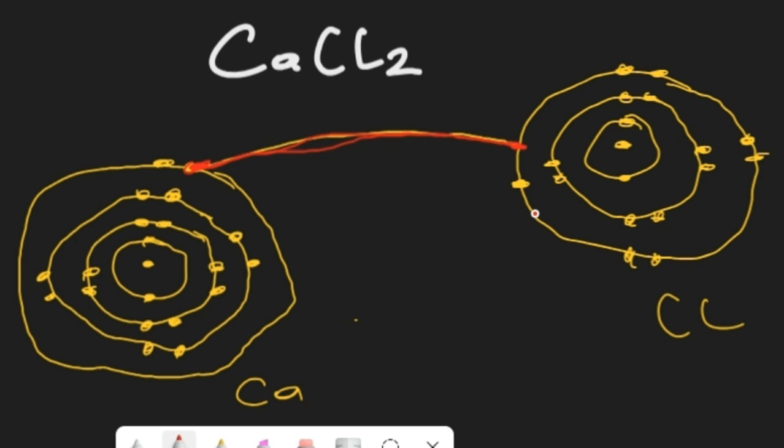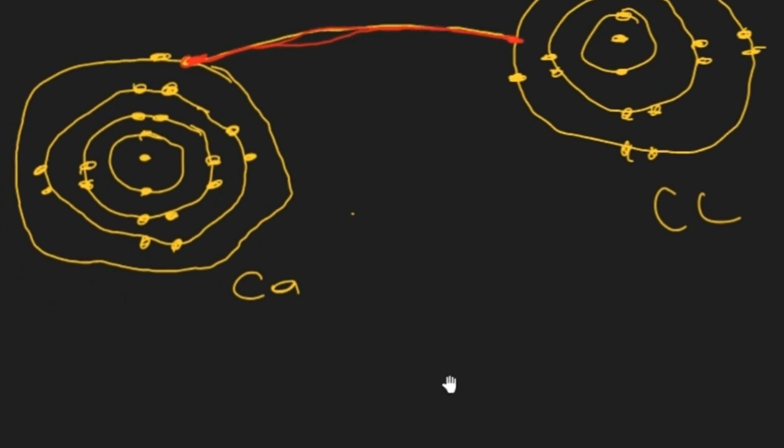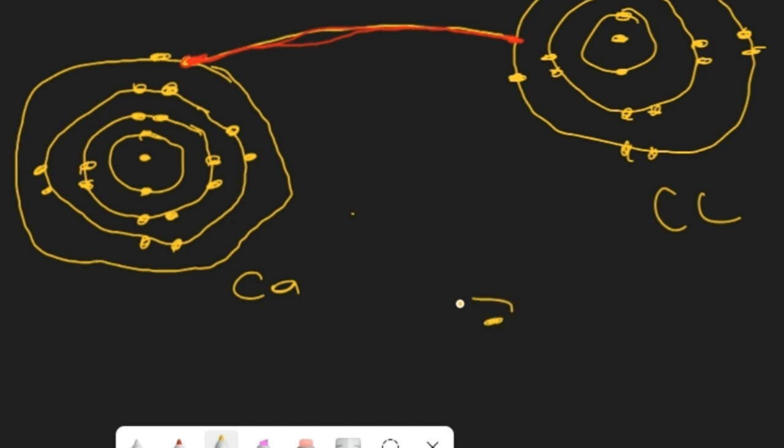It is completely filled. Now what do you think the calcium will do? The calcium will now look for another chlorine atom to receive the second electron that is left here. This is why the chlorine atom is now 2. So there's another chlorine atom here. Let me draw another one here. 1, 2, 1, 2, 3, 4, 5, 6, 7, 8.